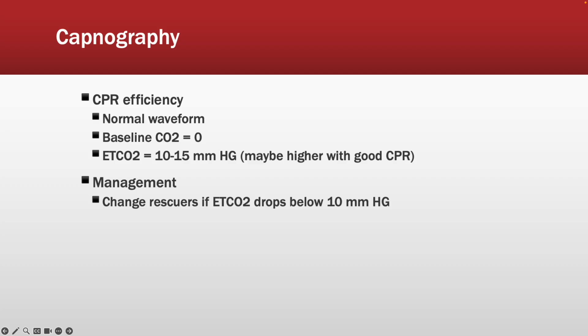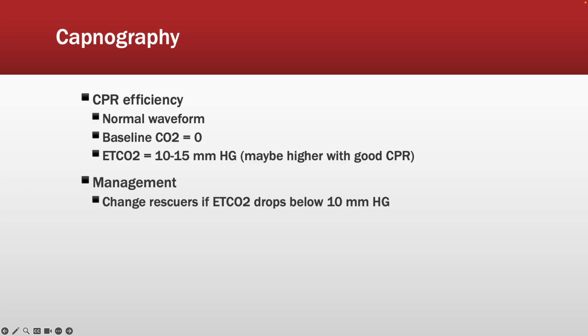So we're getting that gas exchange because of the CPR compressions. We're just not getting good enough gas exchange, right? But we want our numbers to be somewhere between 10 and 15. That's how we know we've got good compressions.